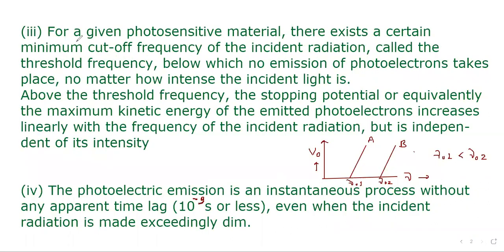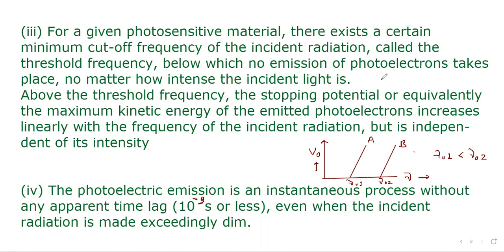Now, for a given photosensitive material, there exists a certain minimum cutoff frequency of the incident radiation called the threshold frequency. As you know very well, below this frequency, photoelectric emission will not occur. And if the incident radiation has a larger frequency than this value, photoelectrons will be emitted.